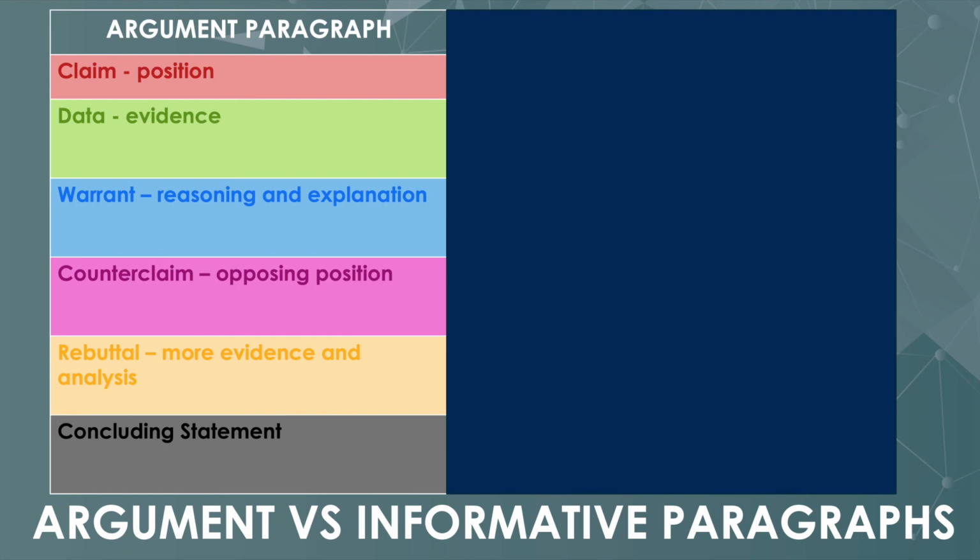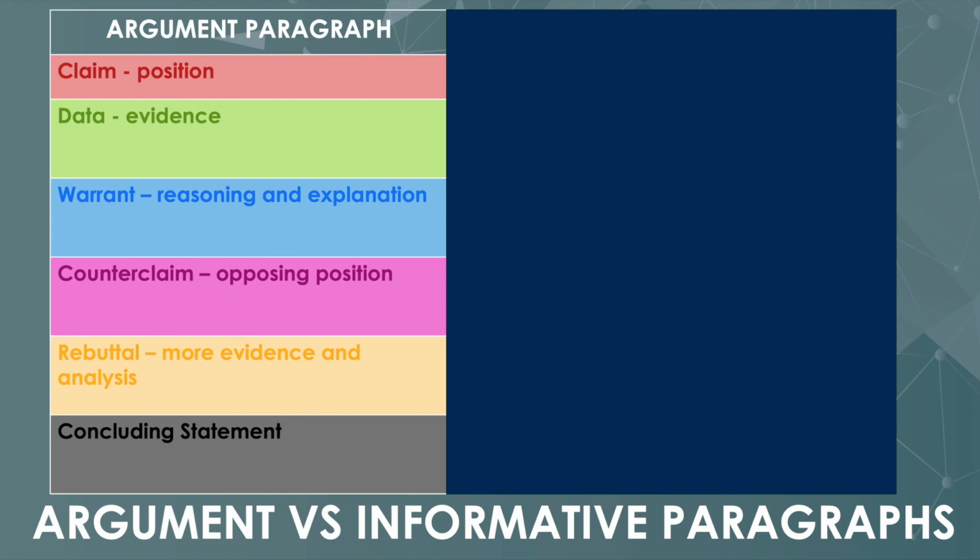Okay, so now that you've color coded, I just want you to take a quick look, and this will be the last thing we do. You've written informative paragraphs where you'll have your topic sentence, your concrete detail, your commentary, concrete detail, commentary. And if you look back and forth between these two, it's exactly the same, with the only difference being that the commentary for your argument is really your warrant, or your warrant is really the commentary for an informative paragraph.